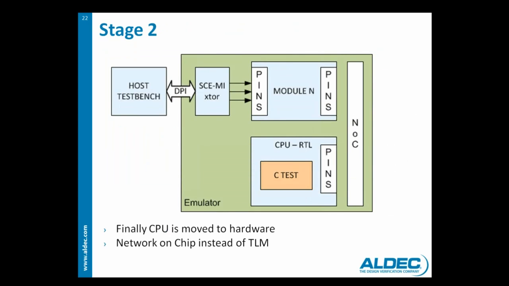Next we moved the whole design onto the emulator. This is when all the peripheral transactors are ready. We connected all this design onto the board. Through a host machine, we were applying C test cases.